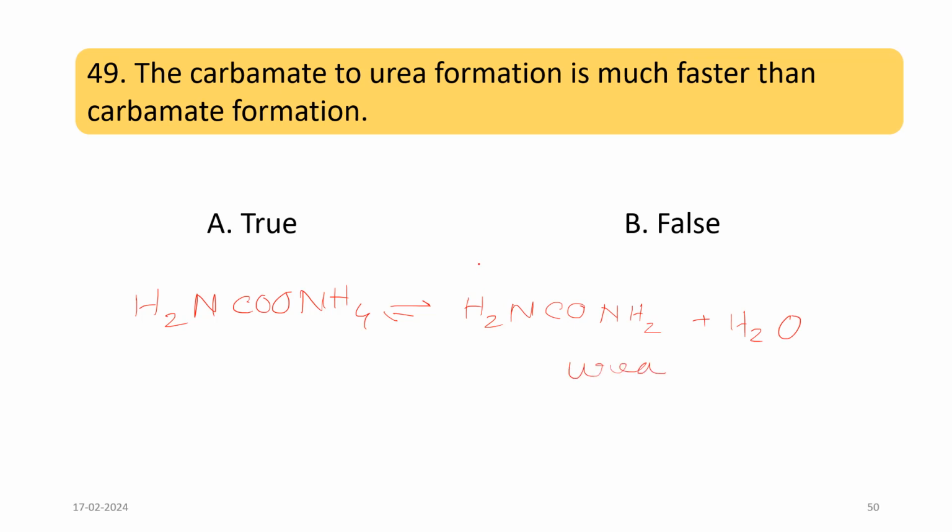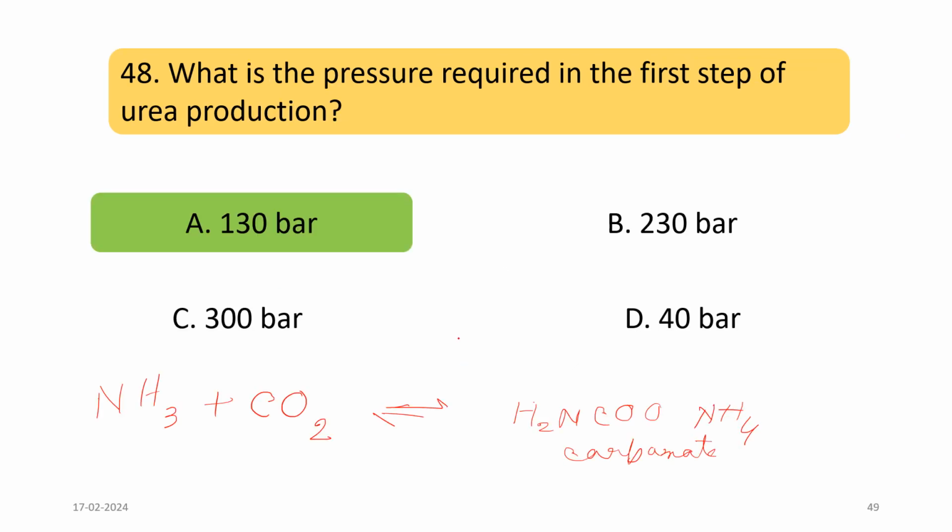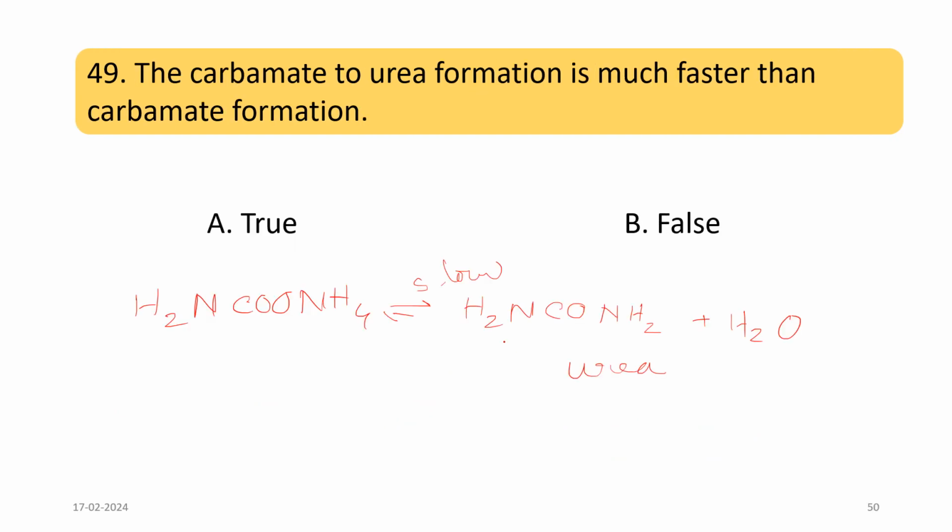So we know that this reaction is slow, whereas this reaction was fast. So what I have asked, the carbamate to urea formation is much faster than the carbamate formation. So here it will be false because it is slow. The answer will be false.